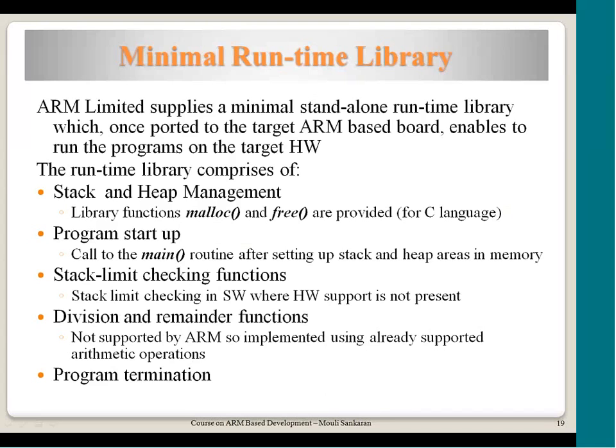The library implementing these functions is also provided. Even to start a program, the entry to main is given as startup code along with the library. And if the heap and stack space are interfering with each other, that limit is also verified by software functions. There are other additional functions also provided along with the library.